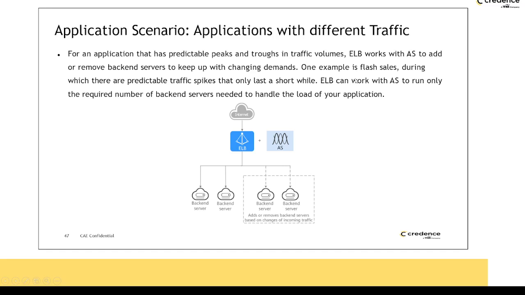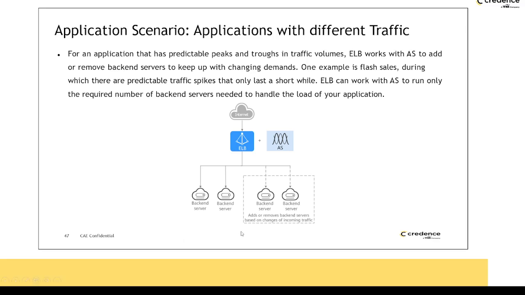One example is a flash sale, during which let's say Lazada or Shopee make a flash sale, which is a predictable traffic spike that only lasts a short while. So ELB can work with AS, auto scaling, to run only the required number of backend servers needed to handle the load of your application.